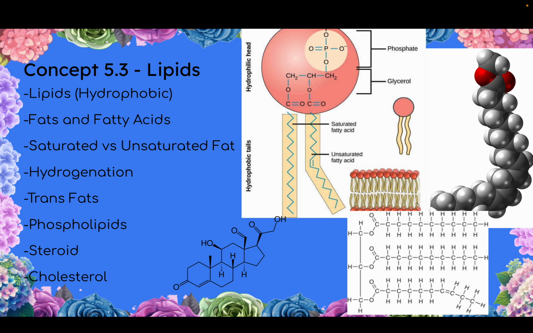They're significant because they're the only hydrophobic macromolecule, and they're made up of fatty acids. This structure that I'm pointing out with my mouse is a fatty acid tail. That's the fatty acid. And this here is a triglyceride structure. Most fats are triglycerides, meaning that they have three glycerides or three glycerols.